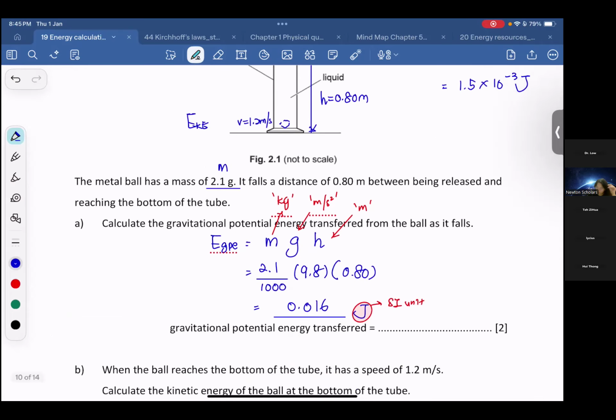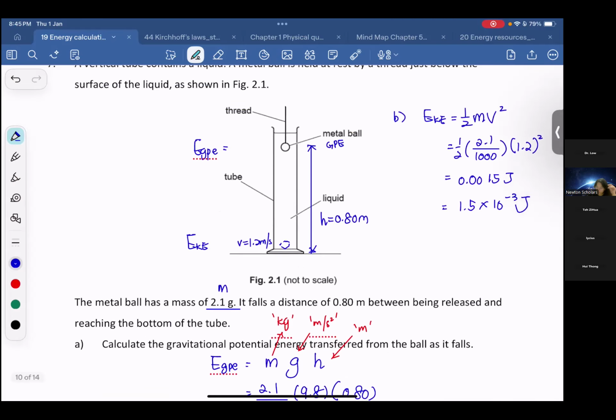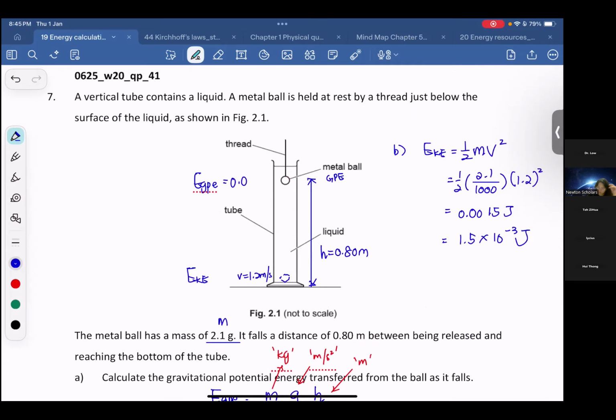Dear teacher, you told us that this one is GPE. Just now in your GPE calculation, you got 0.016 joule, or 0.0165 joule, it doesn't matter. After you do the calculation, the value that I get for the energy at the bottom is 0.0015 joule.